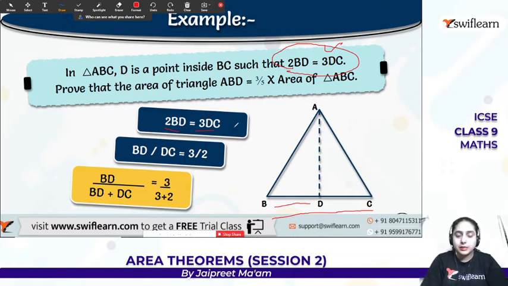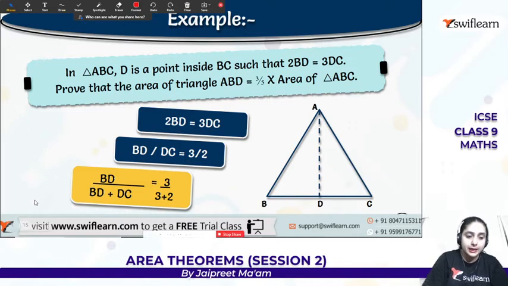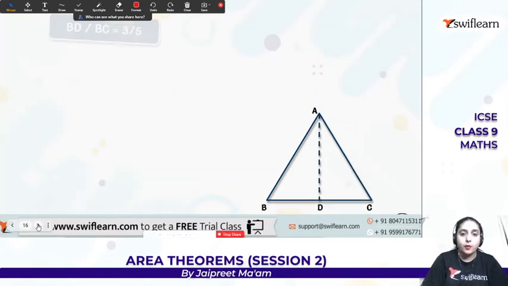So this is given, and from this what will we conclude? We will conclude BD upon DC is equal to 3 upon 2. Correct? Now BD upon BD plus DC is equal to 3 upon 3 plus 2. Okay, what will be the next step?